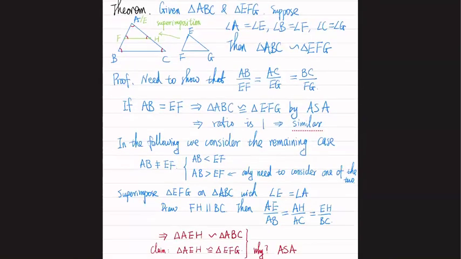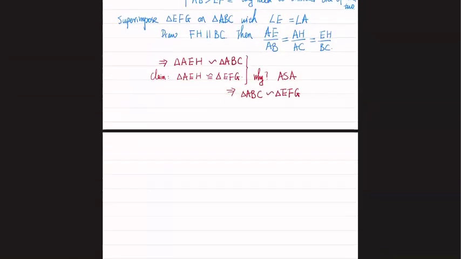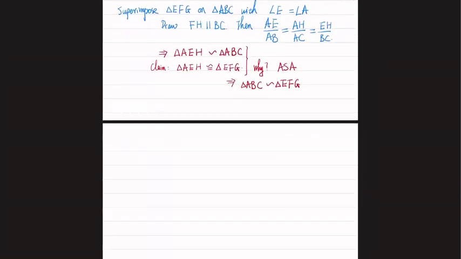Now I think we can modify our theorem slightly. We can find the points first, such that they have the same ratio, then we prove the two sides are parallel. A different argument also works.